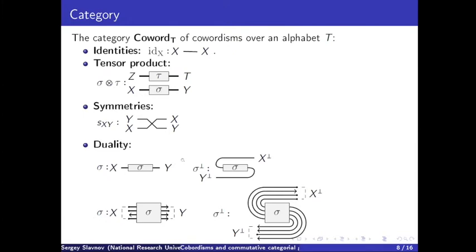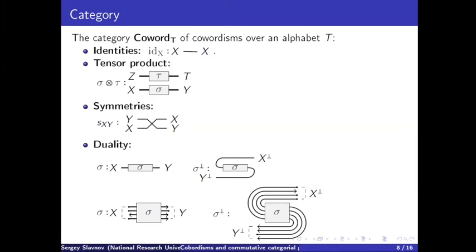So if you want to go from a schematic picture to a more detailed picture, we just need to substitute for each wire a parallel cluster of corresponding edges. And then if we know what is inside the boxes, we recover the actual cobordism. This is thanks to the definition of duality as a reverse in the order.